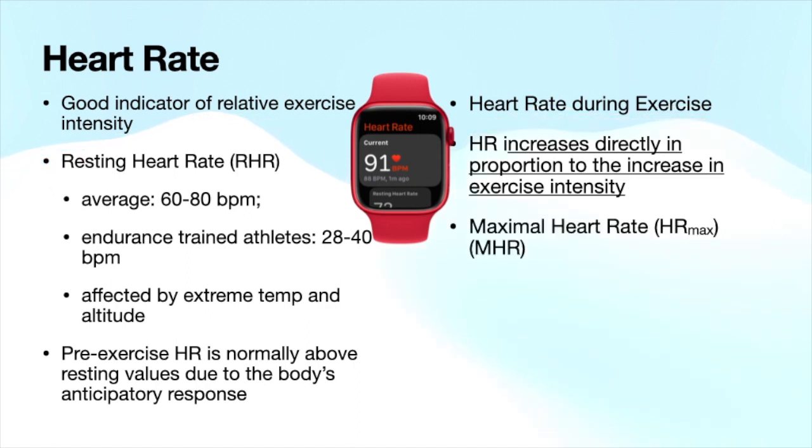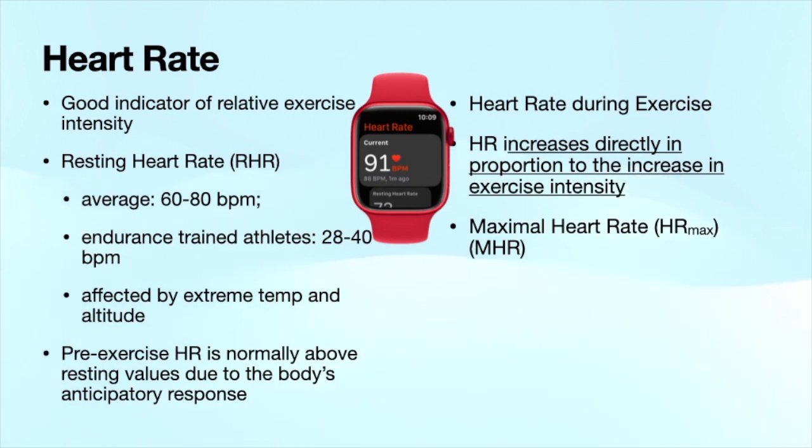Maximal heart rate. Do take note that our heart can only beat a certain number of times per minute. HR max, or MHR, is often estimated based on age because HR max shows a slight but steady decrease of about 1 beat per year beginning at 10 to 15 years old.